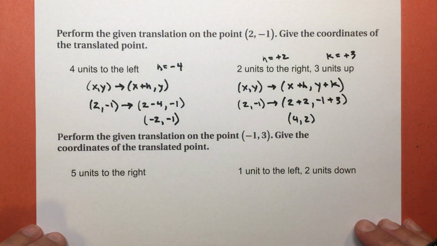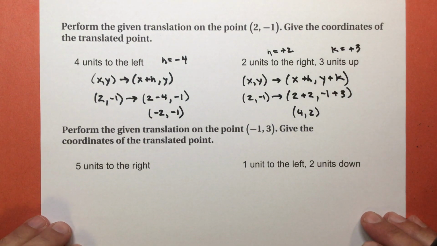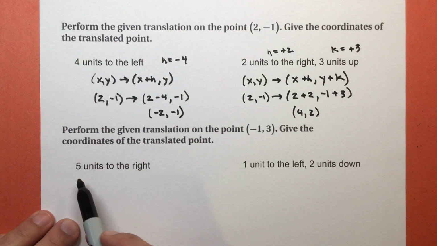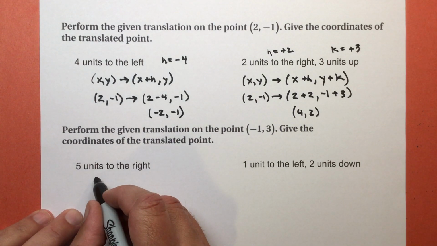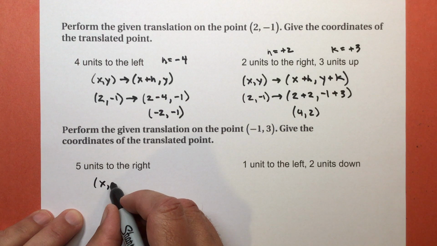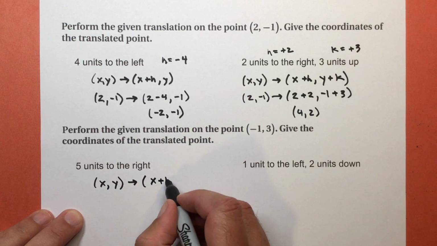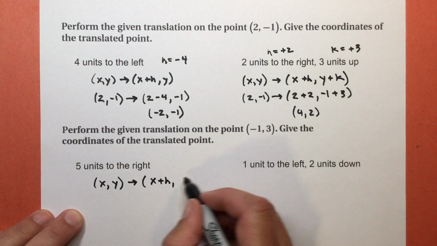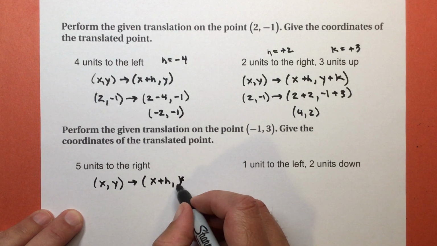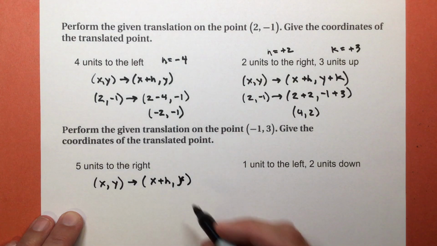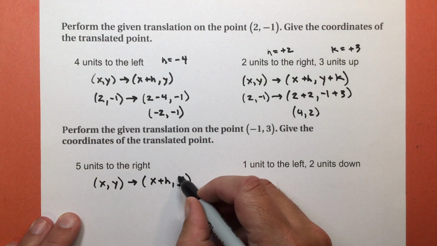Let's do a couple different examples with a different point. I'm going to go 5 units to the right. That tells me that I'm going horizontal. And again, the rule for horizontal is x plus h. Since I'm not going up or down, I'm going to leave the y. I started to write a k. My mistake. That's a y.